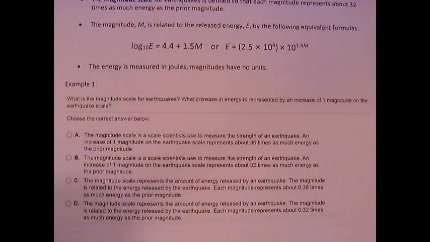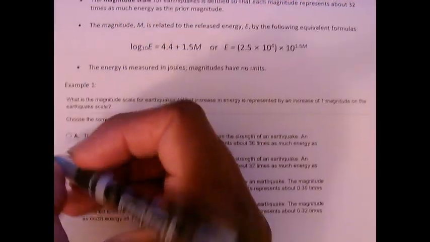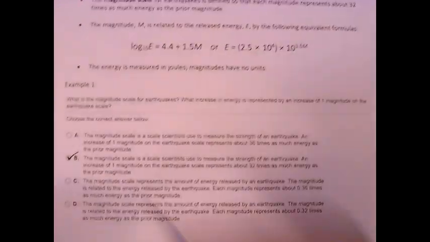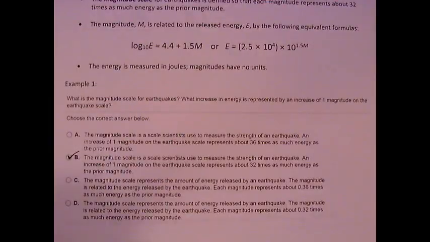The magnitude scale for earthquakes, we already talked about that. It is the scale that scientists use to measure the strength of an earthquake, and an increase of 1 magnitude on the earthquake scale represents about 32 times as much energy as the prior magnitude. So it'll be that answer choice there.